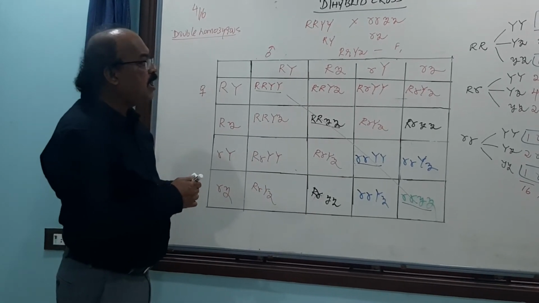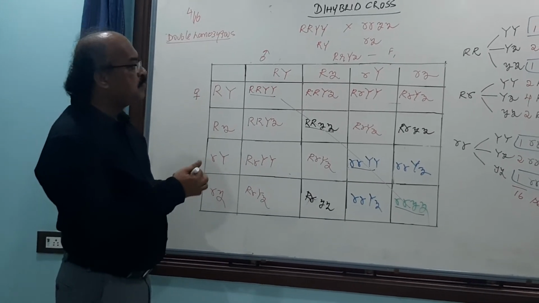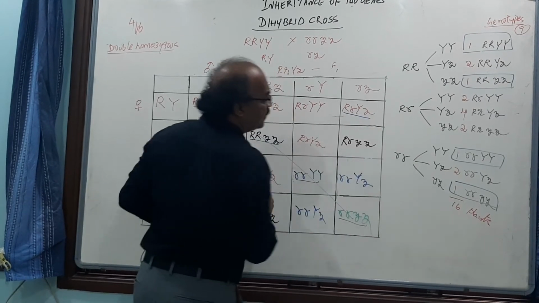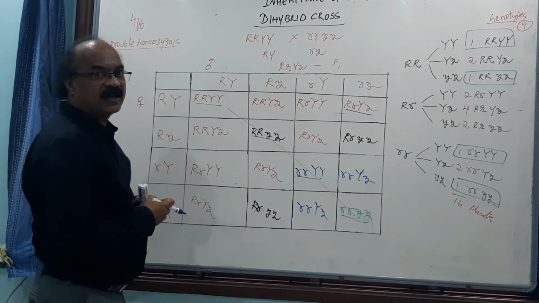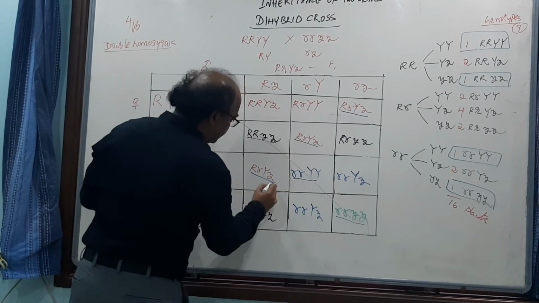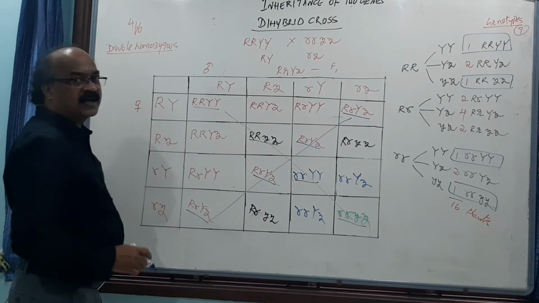Next, come to this case. Double heterozygous, capital R small r, capital Y small y. Heterozygous, double heterozygous. These are all double heterozygous.